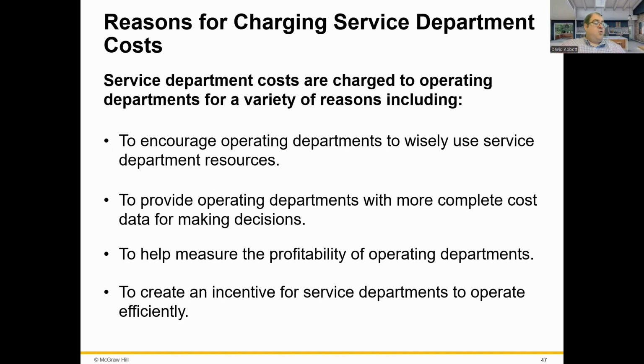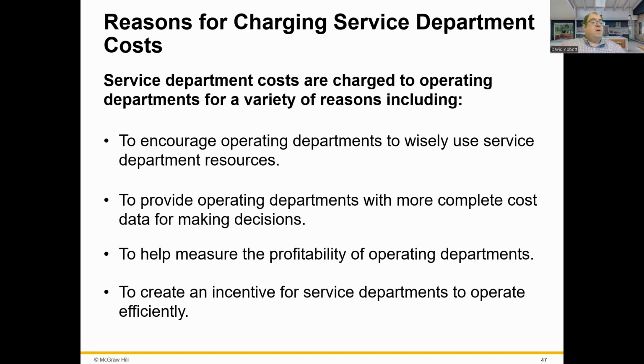Okay. And then four reasons for allocating service department costs. It encourages operating departments to wisely use service department resources, to provide operating departments with more complete cost data for making decisions, to help measure the profitability of operating departments, and to create an incentive for service departments to operate effectively.